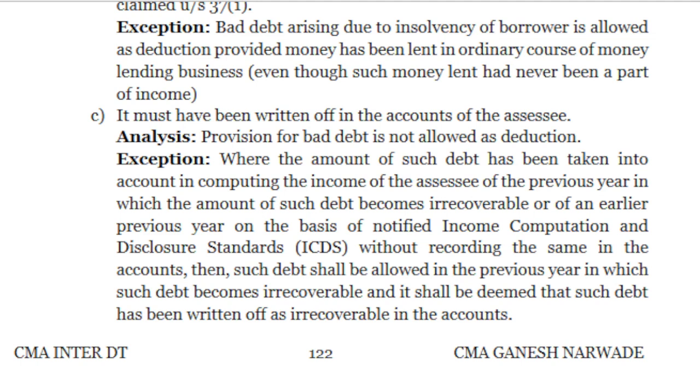Now, as per accounts, something is not considered income. You did not write it as income. But as per ICDS, yes, it is income. So for income tax purposes, it was income, while for accounting purposes, it was not income. And what happened? You lost the money.